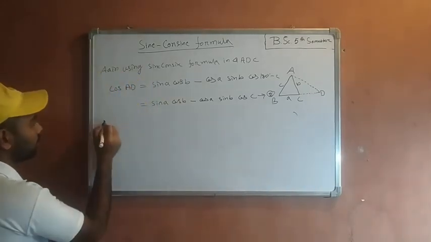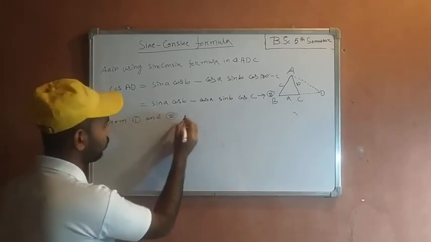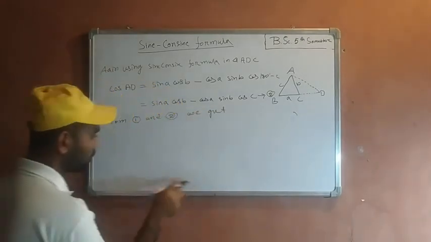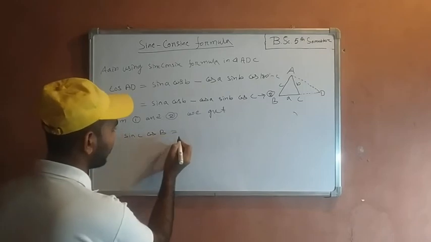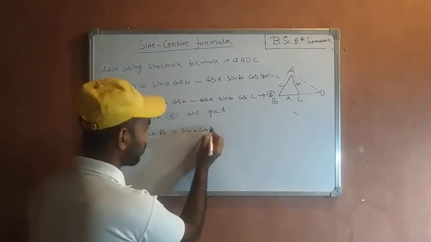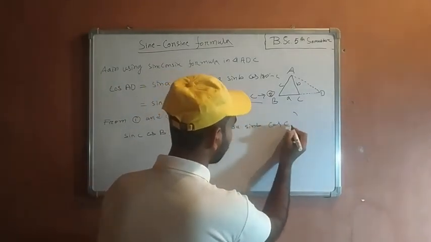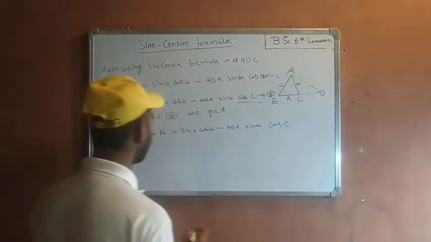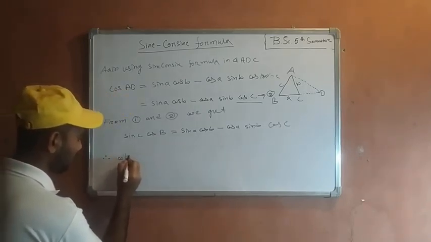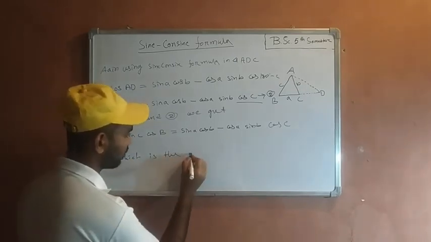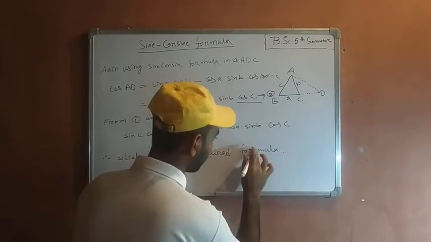So now from 1 and 2 we get: 1 equals sin C cos capital B and 2 equals sin A cos B minus cos A sin B and at last cos capital C. So this is the formation of the sine cosine formula, which is the required formula.